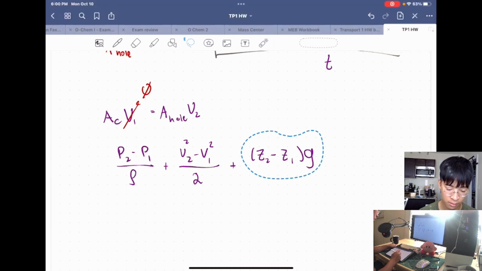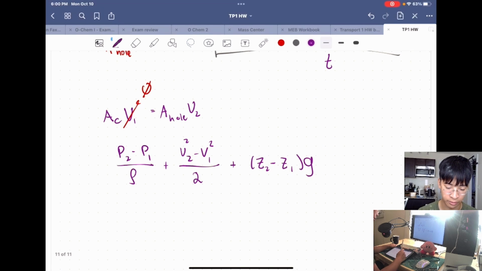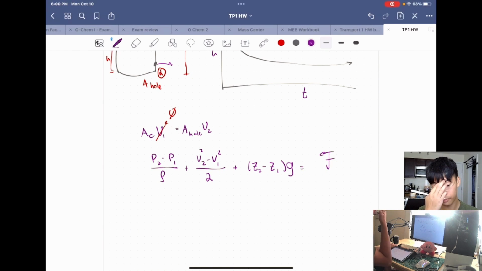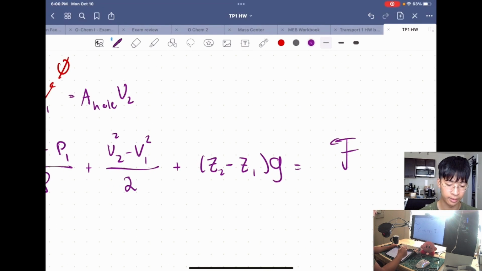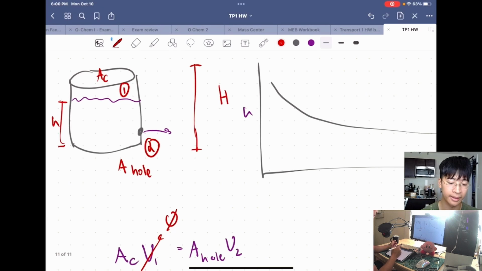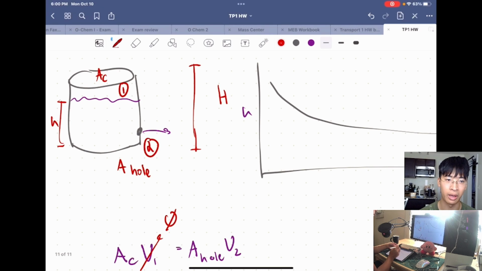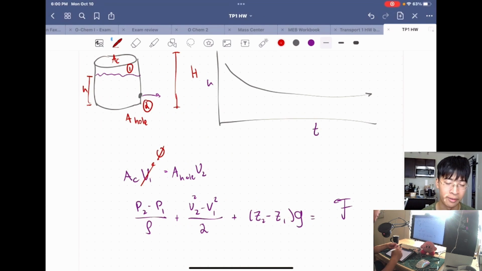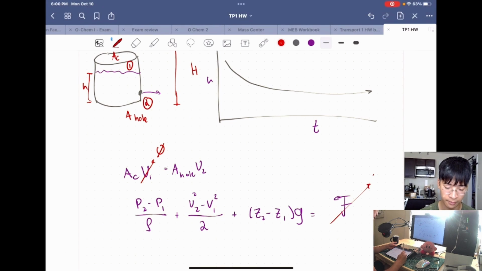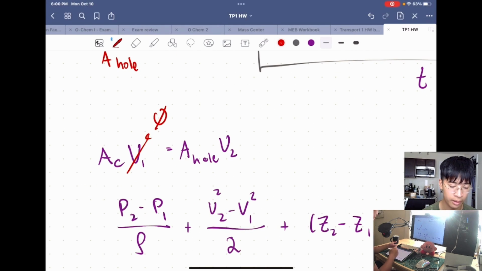Okay? And this is equal to the value for frictional heating, where frictional heating is equal to the change in internal energy minus the change in enthalpy. And since this is a system that's essentially open to the atmosphere, there's no change in internal energy and no change in enthalpy. So frictional heating is 0. Okay? And again, we discussed earlier that the velocity at position 1 is 0.